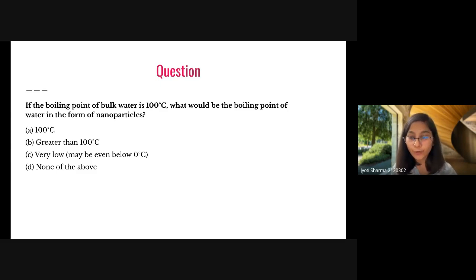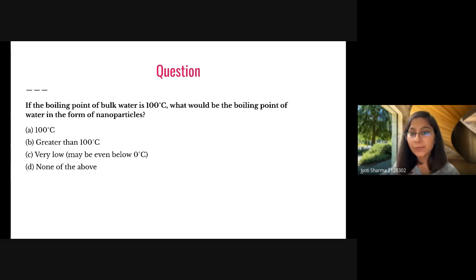So if we have water but in the form of nanoparticles, how will this boiling point change? The options are: the boiling point will be the same as it was, that is 100 degrees Celsius; it is greater than 100 degrees Celsius; very low, maybe even below 0 degrees Celsius; and none of the above. So what do you think? If we change this water into the form of nanoparticles, how will this impact the boiling point of the bulk water?